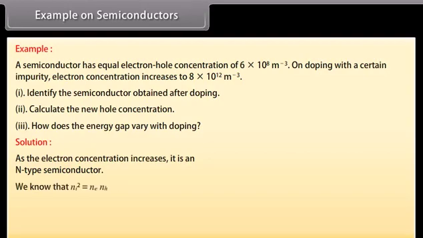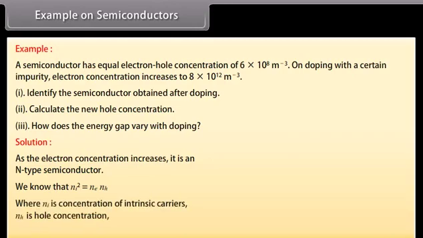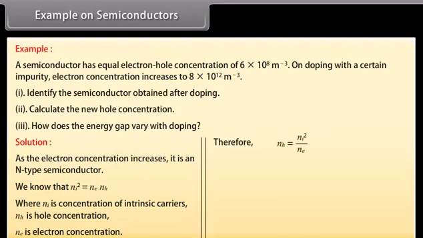We know that Ni square is equal to the product of Ne and NH, where Ni is concentration of intrinsic carriers, NH is hole concentration, and Ne is electron concentration. Therefore, NH is equal to Ni square divided by Ne.